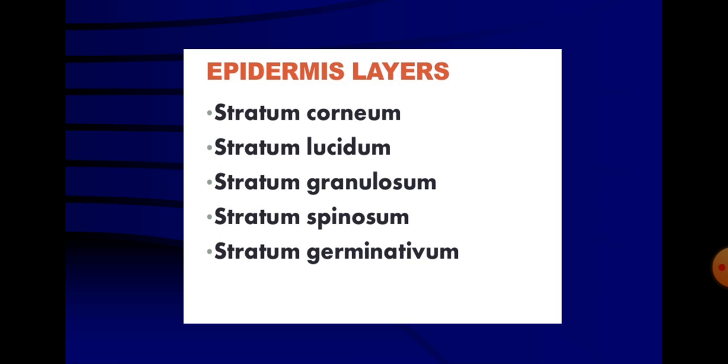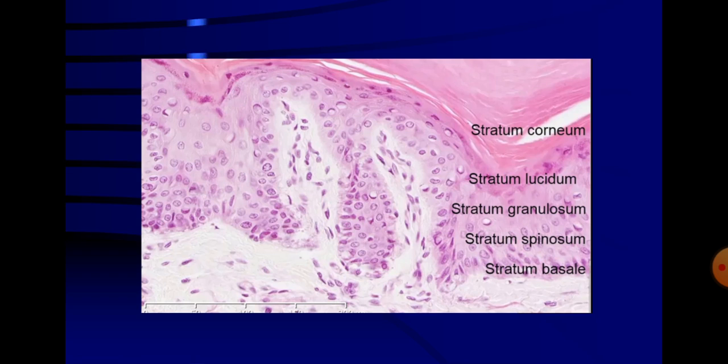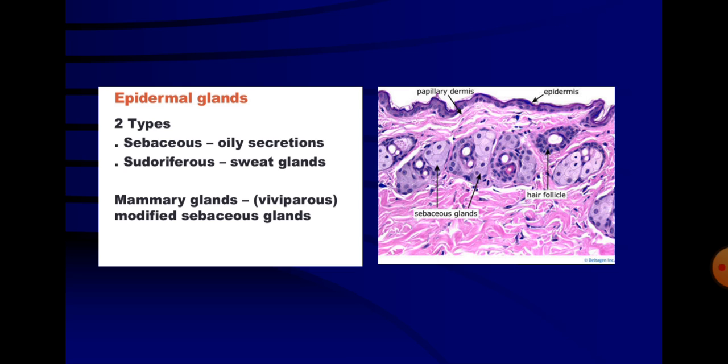As I told you, the epidermis layers are stratum corneum, stratum lucidum, stratum granulosum, stratum spinosum, and stratum germinativum. This germinativum layer is the one which has living, that is, growing cells. This is the tissue section of the five layers of epidermis.